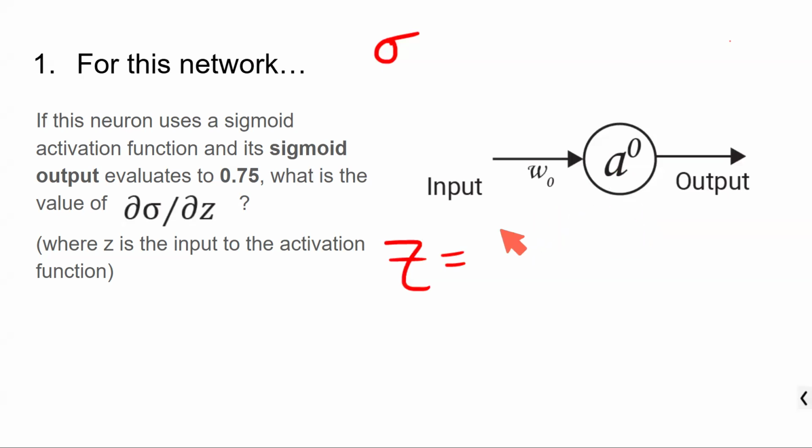So in this case, my Z is going to be input 0 times W0 plus bias 0, which we're treating as 0. That's my Z right here. And so the question is, symbolically, what is the derivative of sigma with respect to Z? Well, in order to do that, we first need to have sigma. Can you tell me off the top of your head?